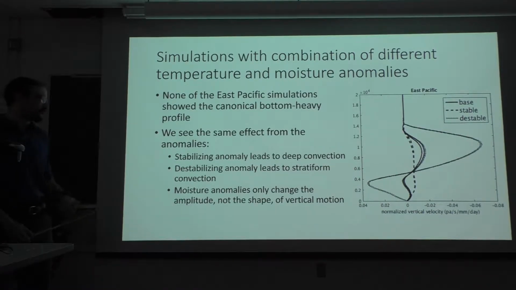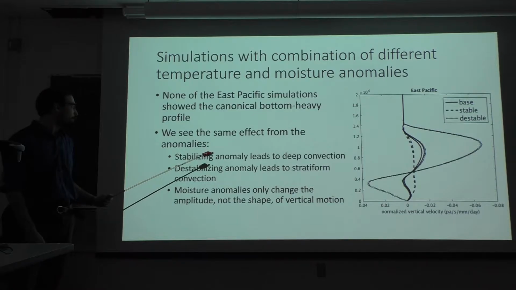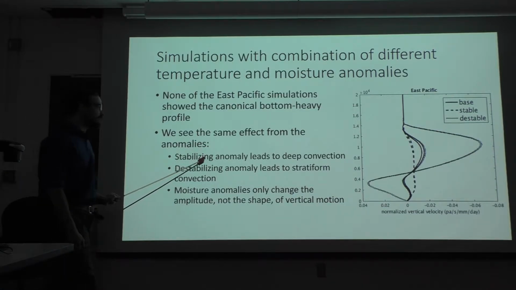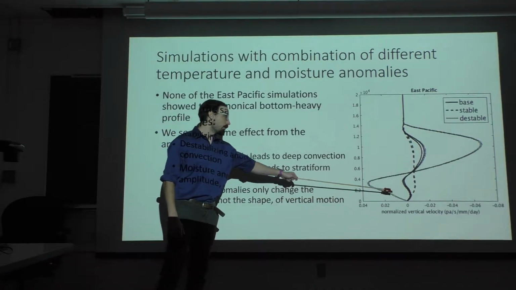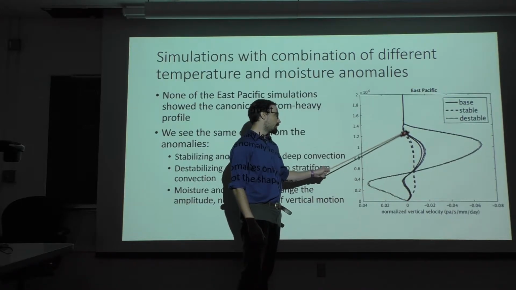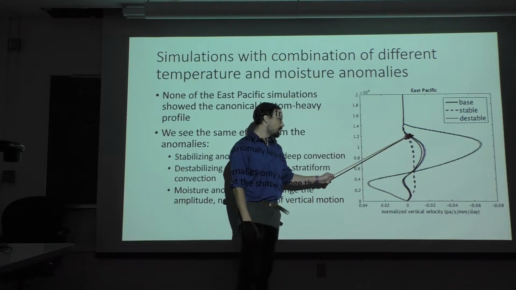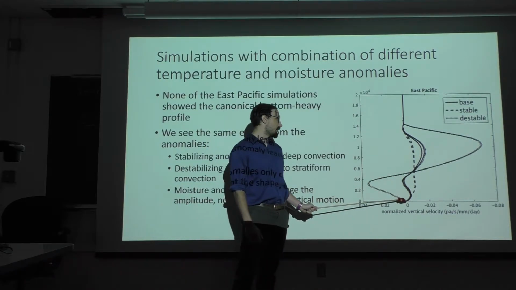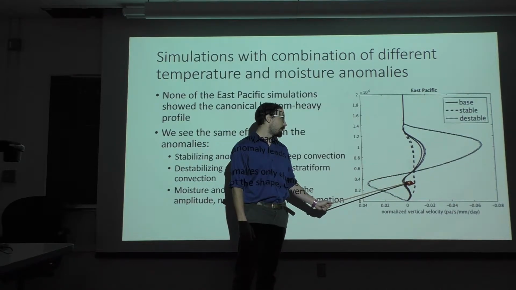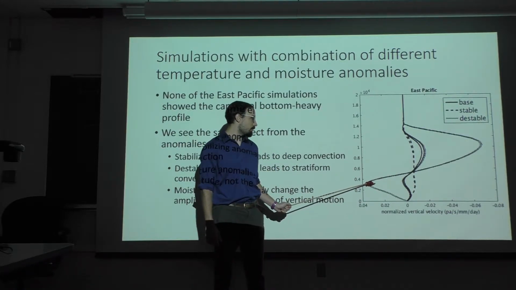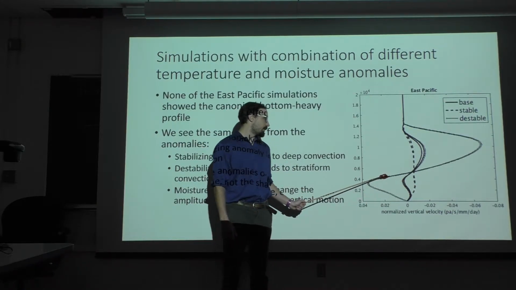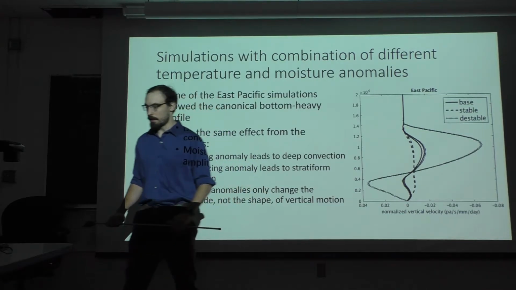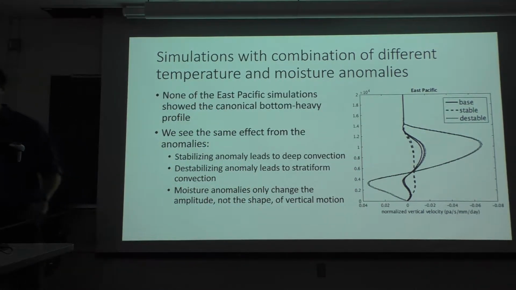We also see this in the East Pacific specifically, where stabilizing anomaly leads to more deep, not necessarily deep, but not stratiform. We don't see any areas of descent. So comparing the stable to the unstable, there's a pretty dramatic shift in the state of convection, and they look very different, whereas changing the moisture anomalies doesn't seem to have this effect.